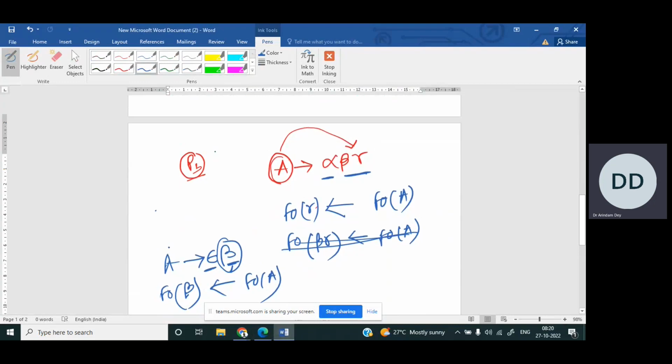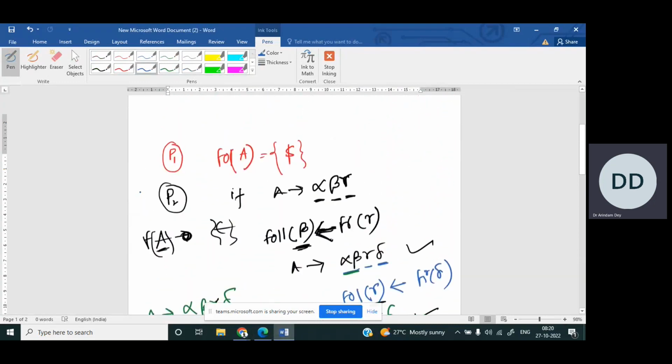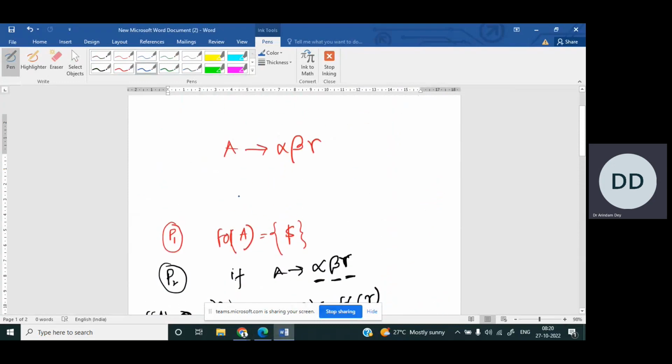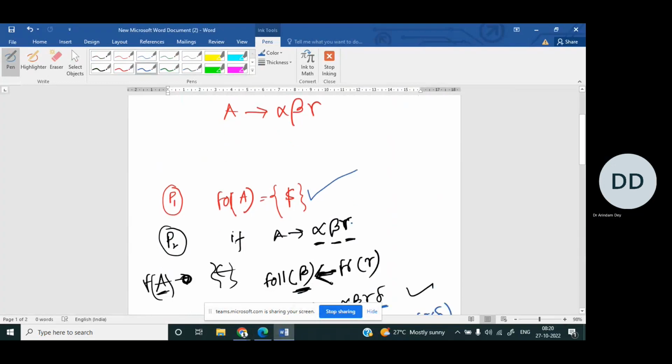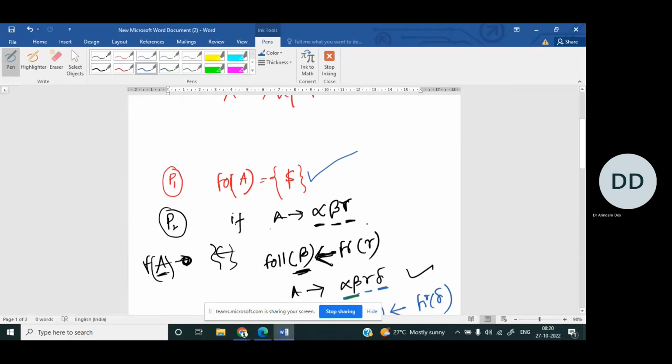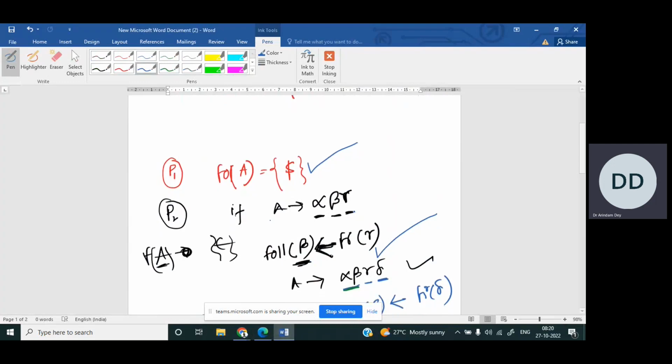Okay, so I am revisiting the 3 rules again. The first is the follow of the parent node will contain dollar. Second, if I have a production A to alpha beta gamma format, then the first of gamma, the third segment, will come under the follow of beta, that means the second segment.